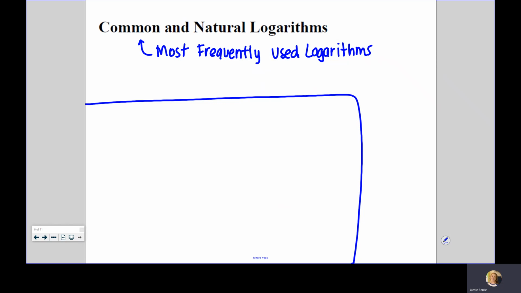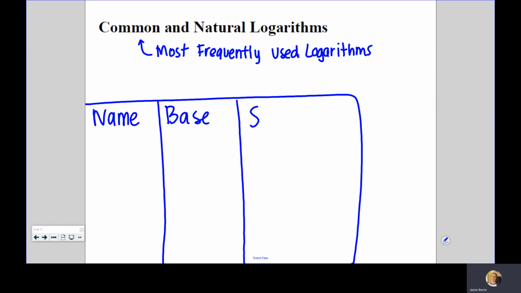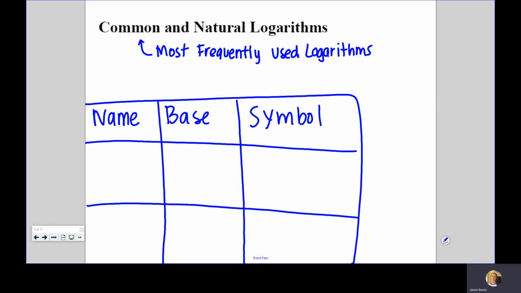We'll say name, base, and then symbol. All right, so we got the common log and the natural log.